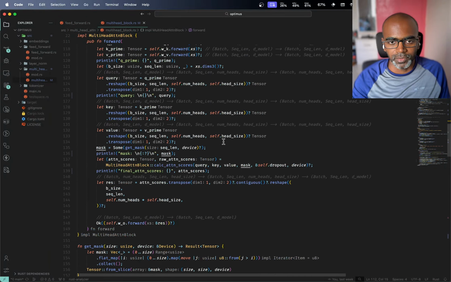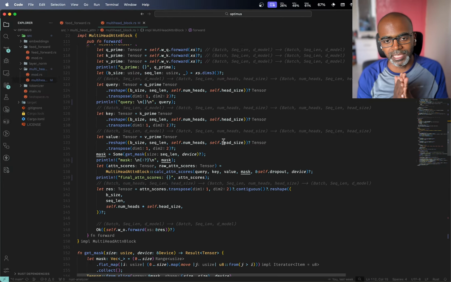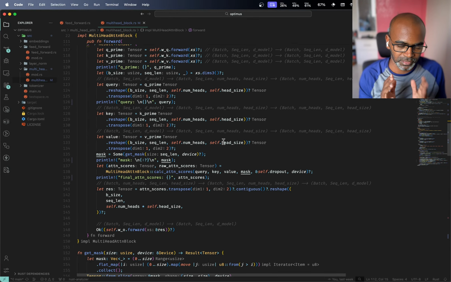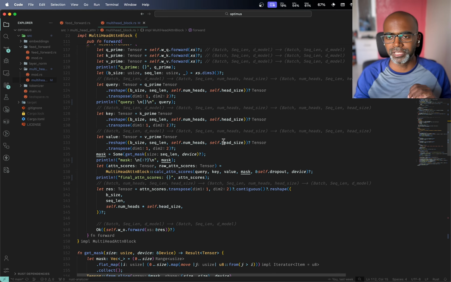Okay, so now that you've seen this in terms of the APIs and the pieces that need to come into play, you see that this very much resembles the PyTorch API, except there's a lot more focus on how you're managing memory, how much you're allocating for things like reshaping, and how you're handling failure conditions.